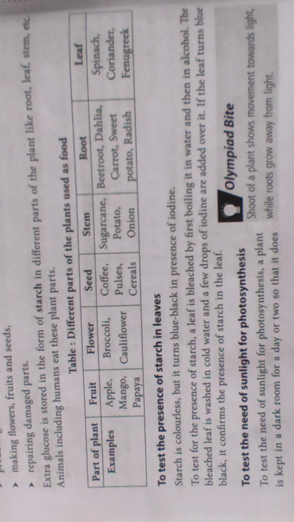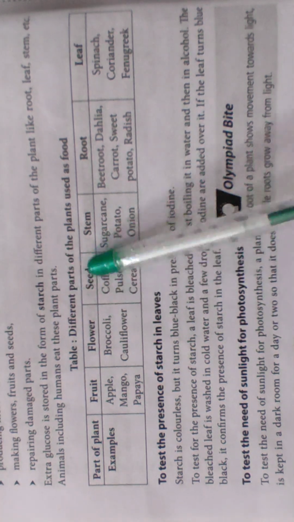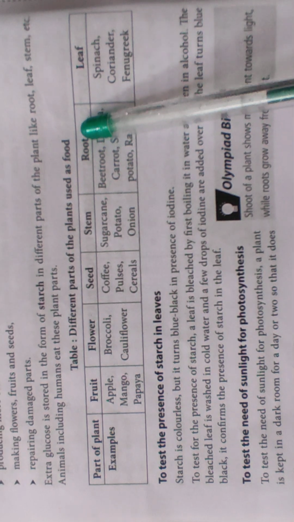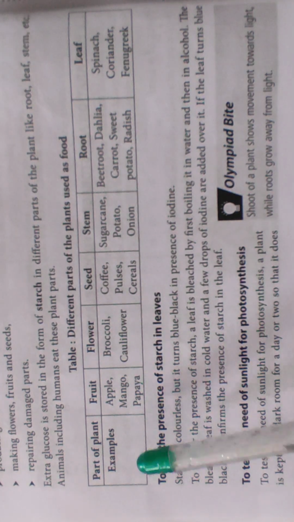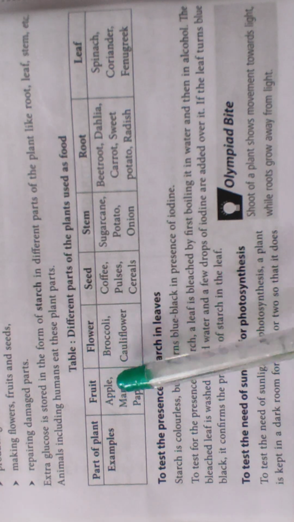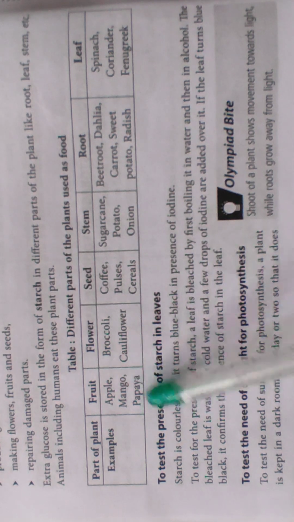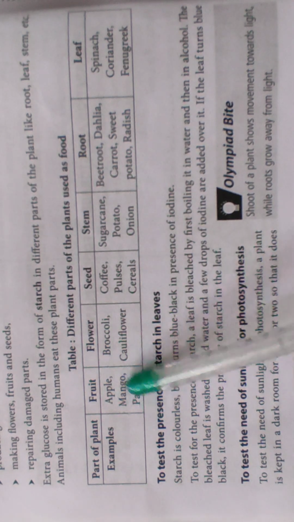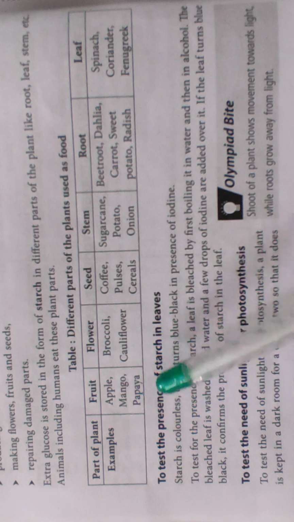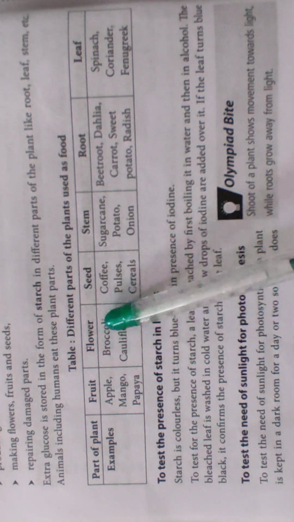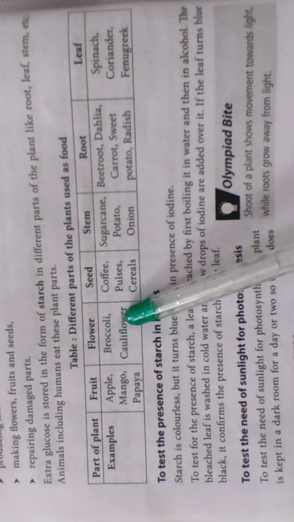Now see the different parts of the plants used as food. Fruits: apple, mango, papaya. Flowers: broccoli and cauliflower.